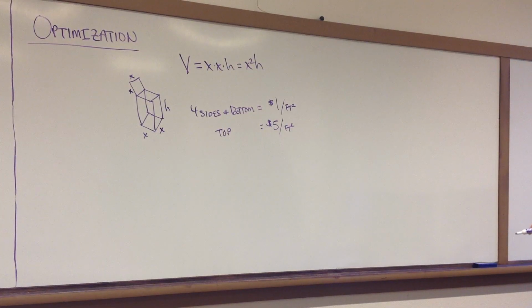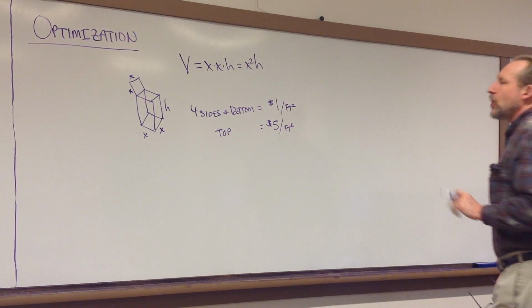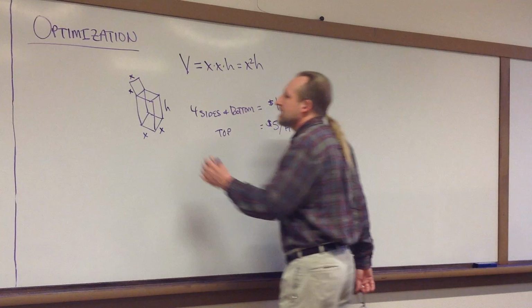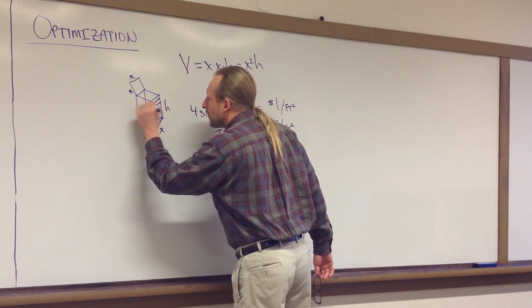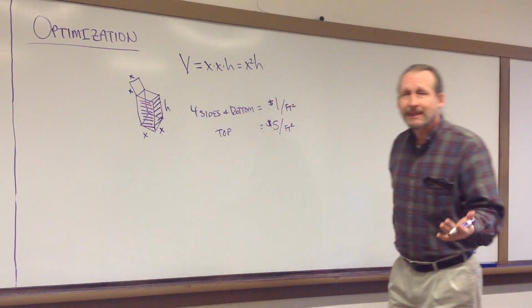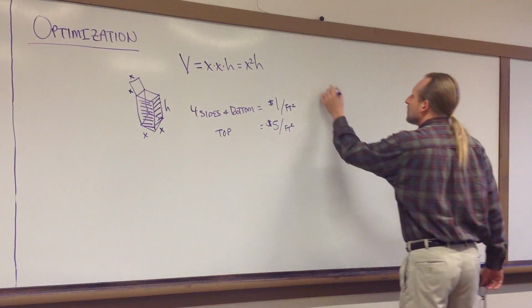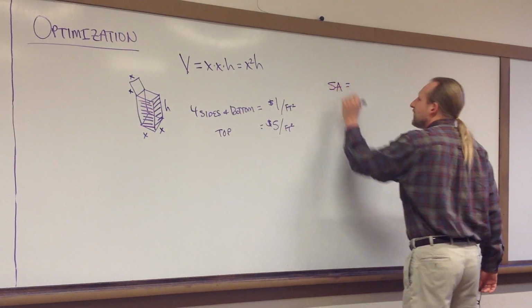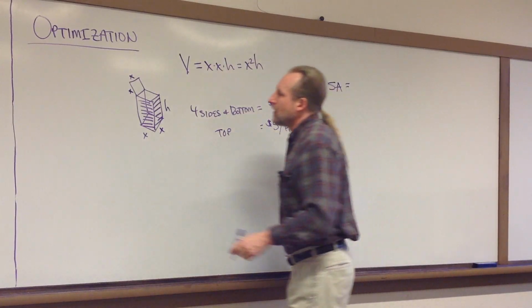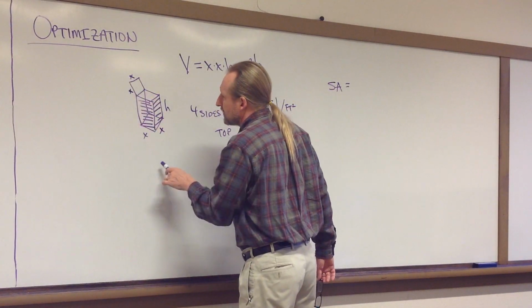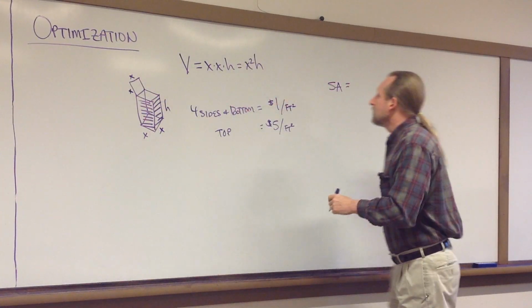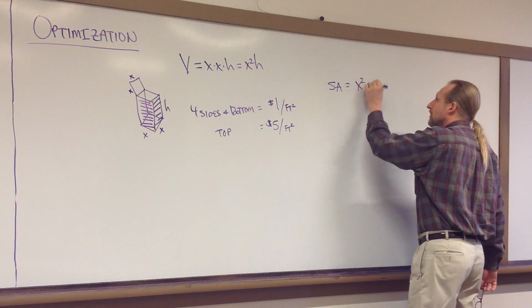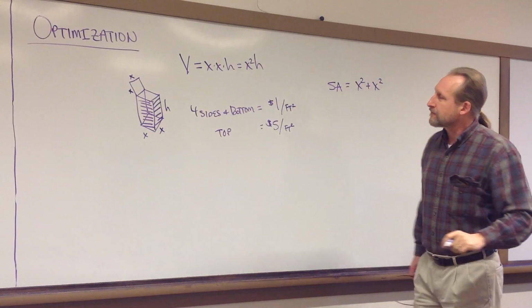Alright, so here's the thing. The cost of this box is based on what you're building it from, so that's very closely related to the surface area. The surface area for this box is, you've got a top that is x by x, so x squared, and a bottom that is x by x, also x squared.